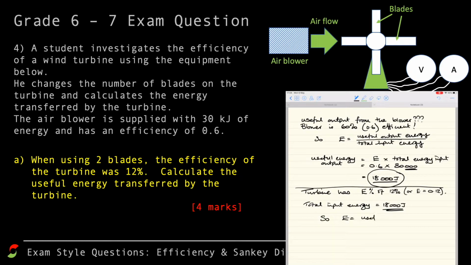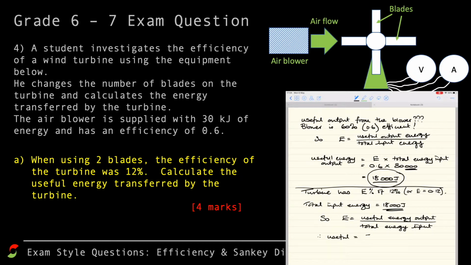So the efficiency is going to be the useful energy output over the total input energy. Quite a wordy equation. Remember, looking for useful, so you're going to rearrange this.